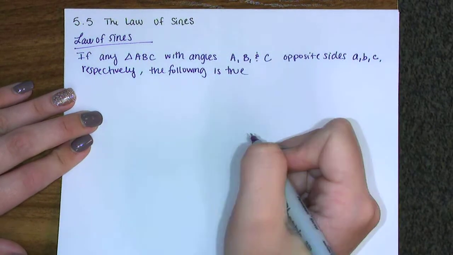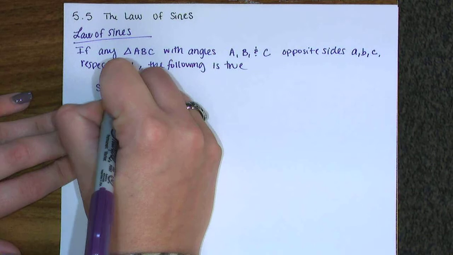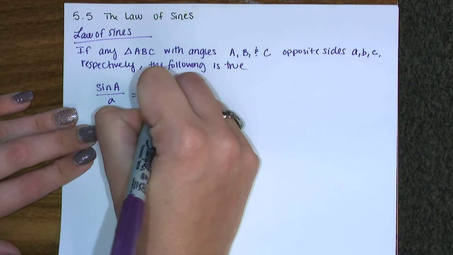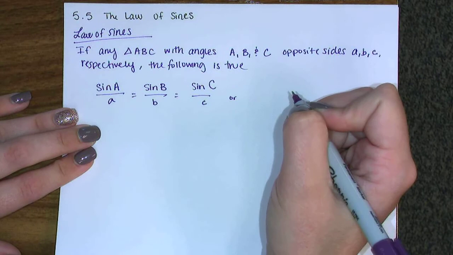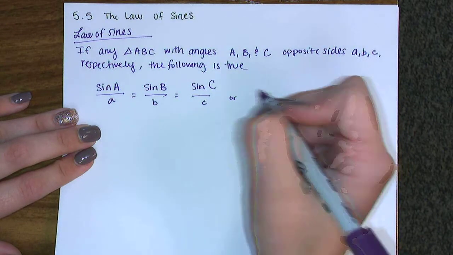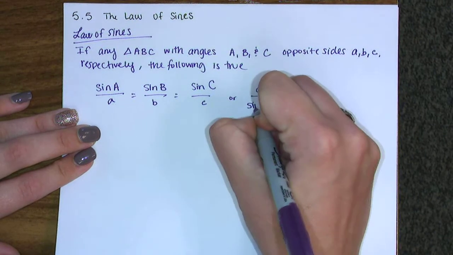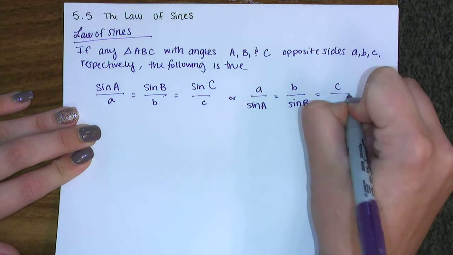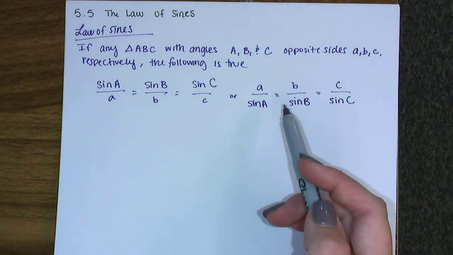Okay, and we can write this law two ways, and you'll see why pretty quickly, but the first way we can write it is the sine of A over a is equal to the sine of B over b is equal to the sine of C over c, or we can just flip it, okay, and you can see that from just these being equal, we can just take and flip both things. So a over the sine of A is equal to b over the sine of B is equal to c over the sine of C, okay, and by that, deciding which one to use is really up to you.